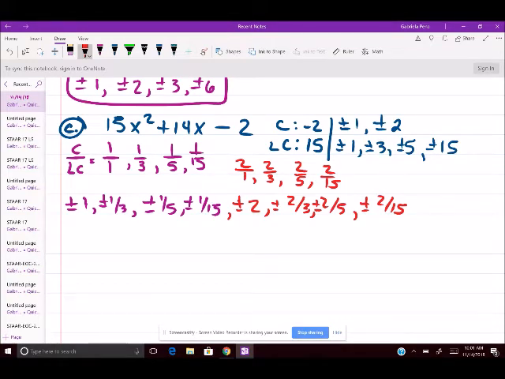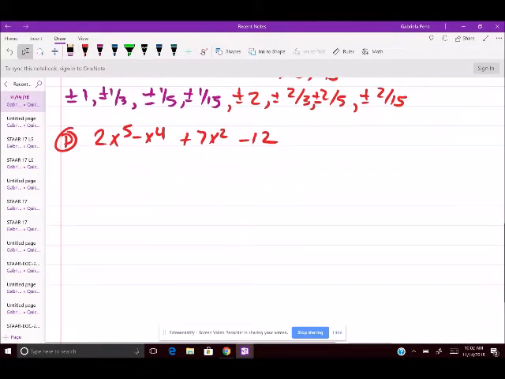So try this one on your own. D will make it 2x to the 5th minus x to the 4th plus 7x squared minus 12. So try to do that one. Do your constant, do your LC.